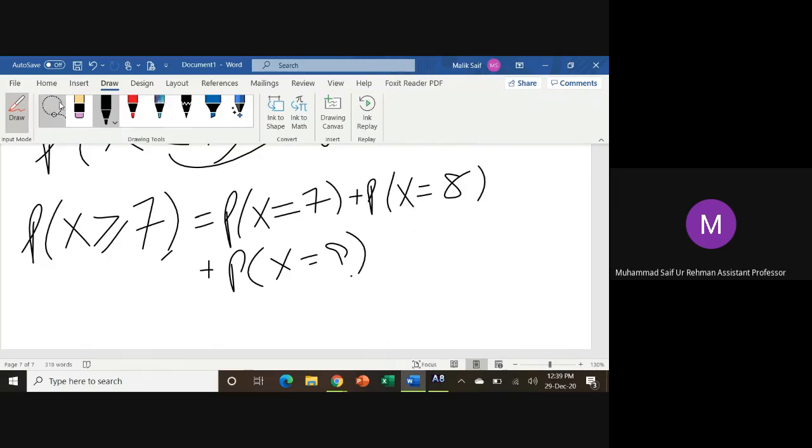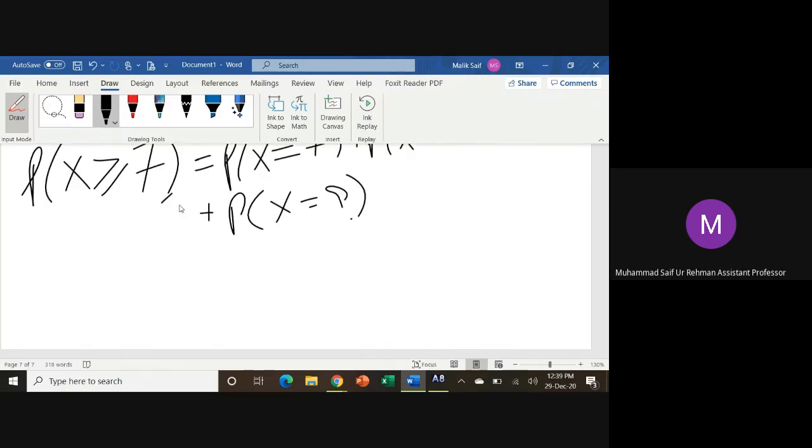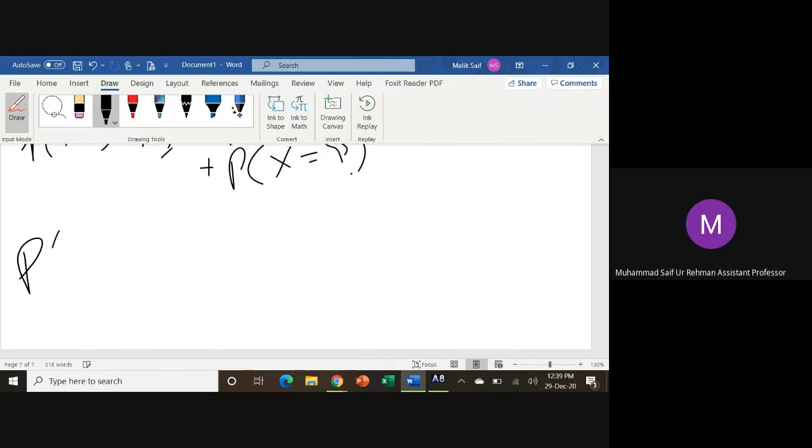So similarly, if you are interested in having at most 7 who have a television at home, then you will write it as x less than or equal to 7. Now if you take the straightforward strategy in this case, you can start from 0 and stop at 7. So it means that 8 terms will be involved.